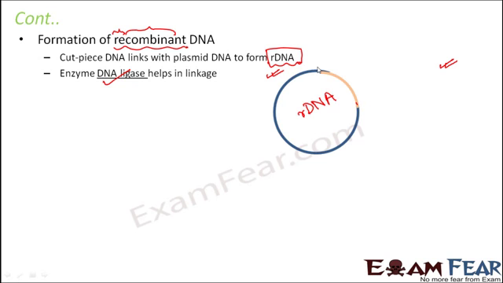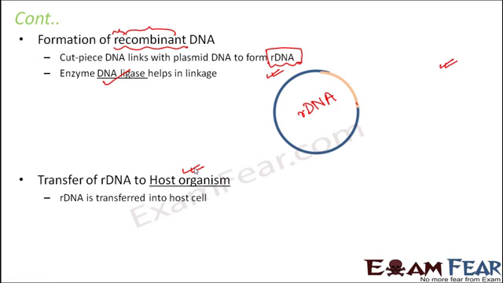Now what is left? This recombinant DNA needs to be introduced into the target organism. So, transfer of rDNA into the host organism. We should be sure which is going to be the host organism, so that the rDNA is introduced into the right organism.